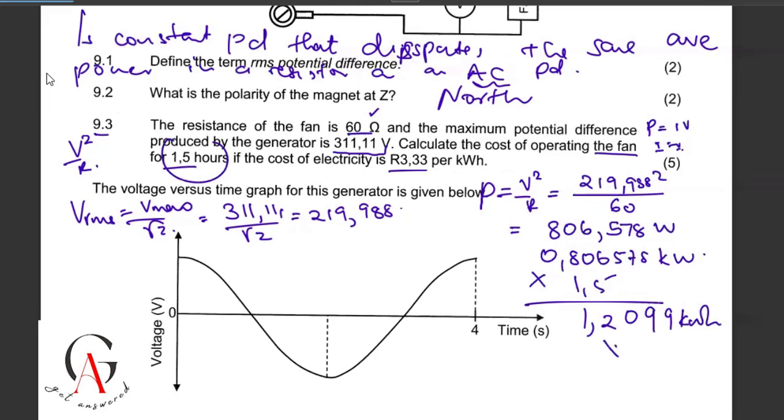These are the units. And then I multiply this by 3,33. This gives me an equivalent of 4,03 rands. Okay, so that is how you get the 5 marks.